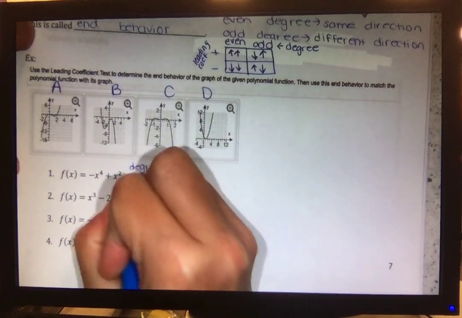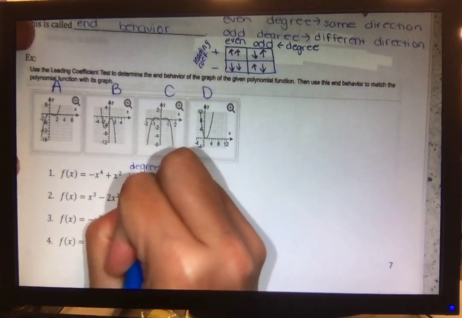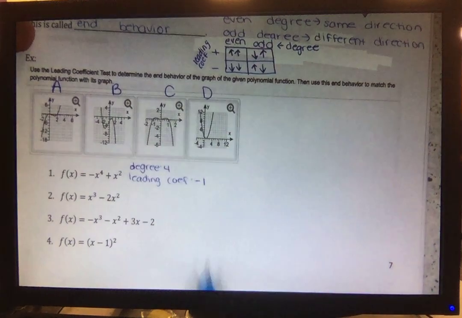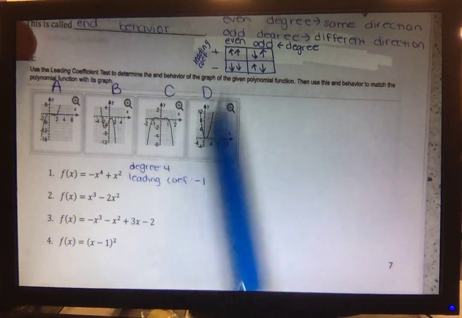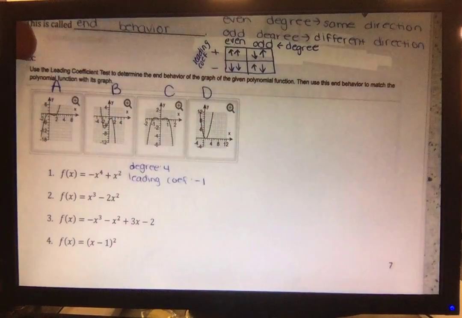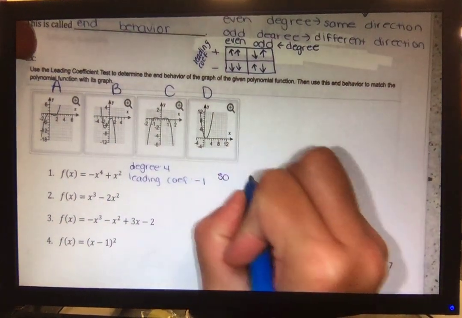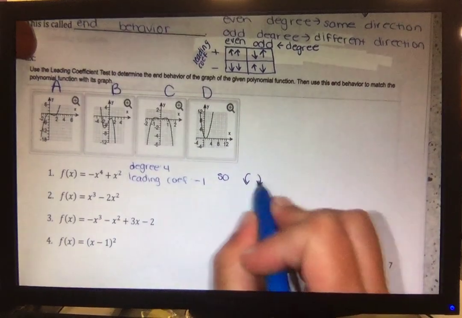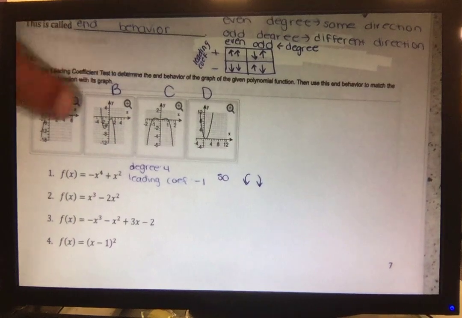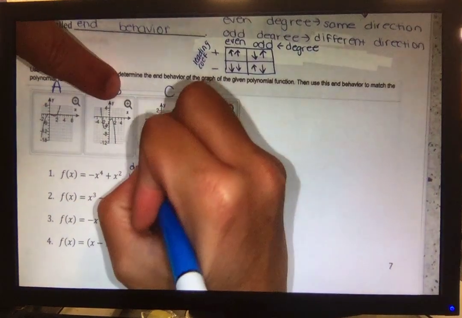Now, leading coefficient. Negative 1. Good. So if it's an even degree and a negative leading coefficient, we know both ends are going downward. Notice I left the middle empty, so I don't know what's happening in the middle. So which letter is that? C.